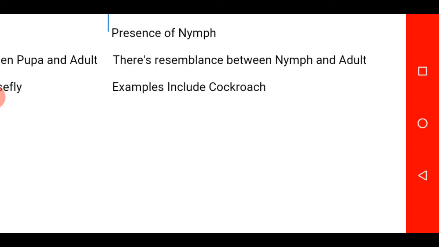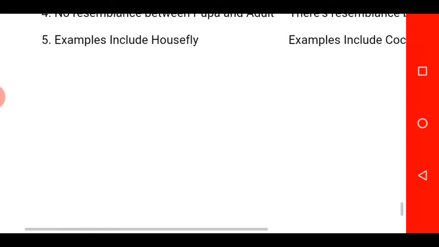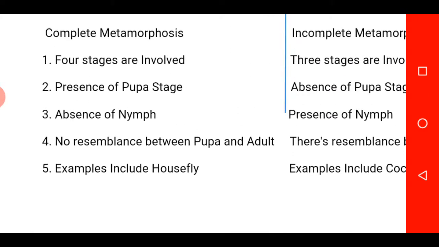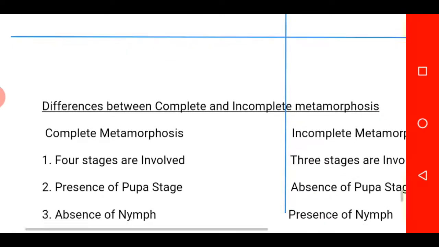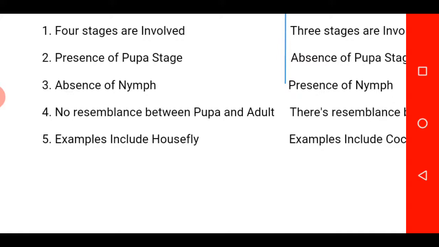It's only the wing that is absent, and a few other structures, but they very much resemble. Lastly, the examples of organisms that undergo complete metamorphosis are different from the organisms that undergo incomplete metamorphosis. So at this point, we are able to explain and differentiate between complete and incomplete metamorphosis.